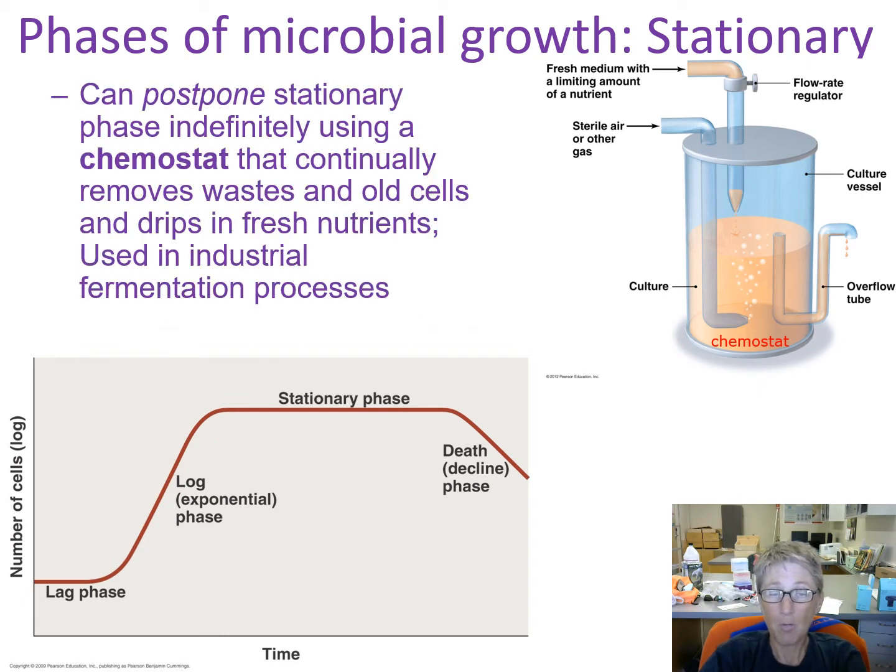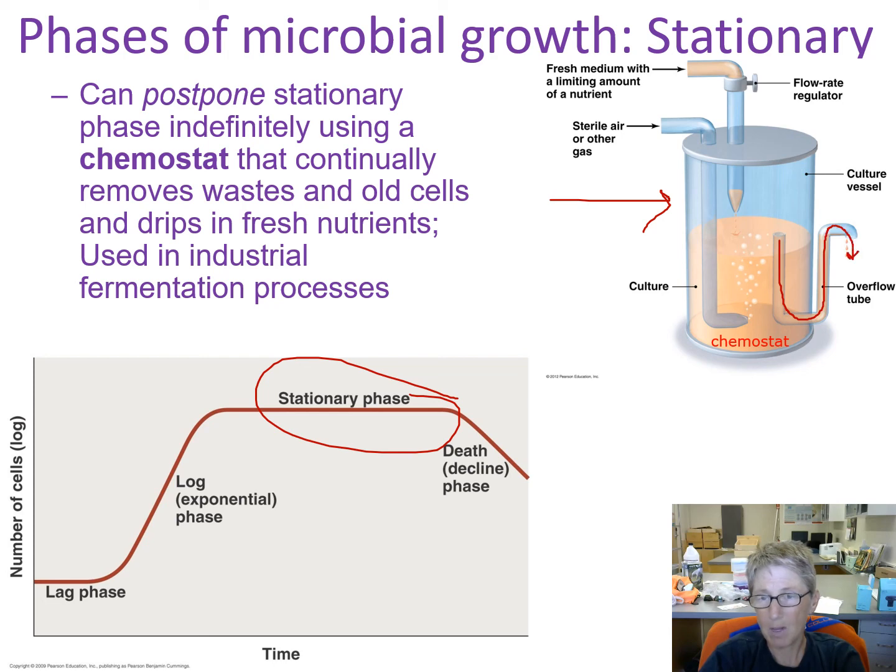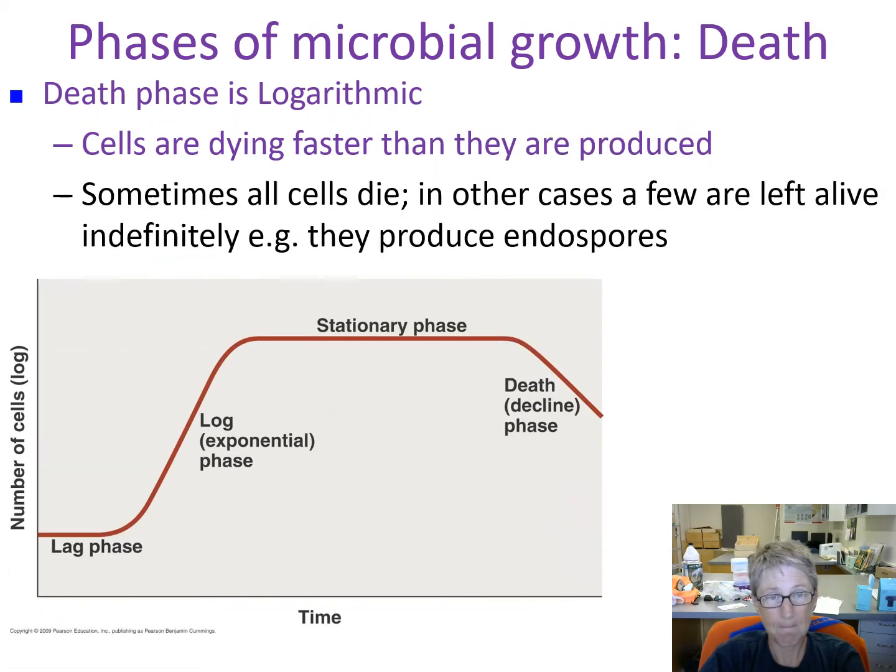You can postpone the stationary phase of your culture using this device over here called a chemostat. With a chemostat, through this overflow tube, you continuously remove the old media and the waste, and then this flow regulator allows fresh media to come into the chemostat. So you could keep your cultures going for a long time with the chemostat.